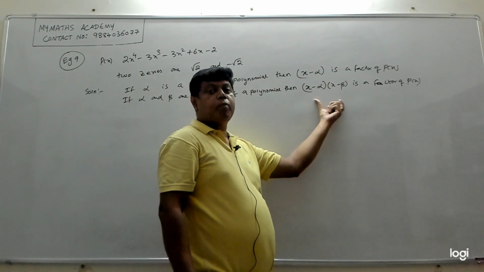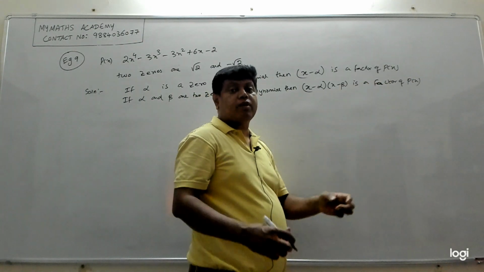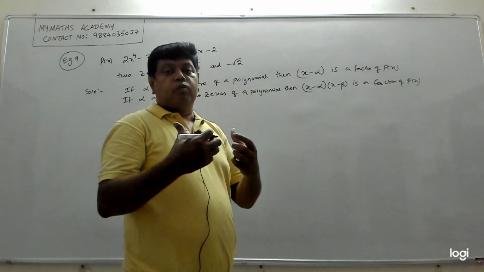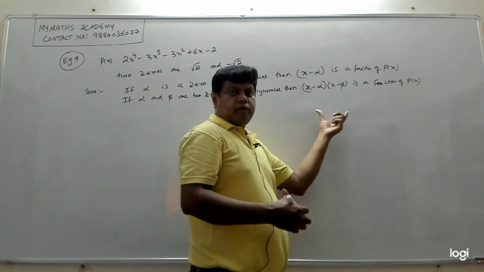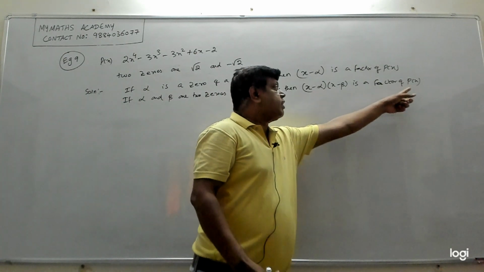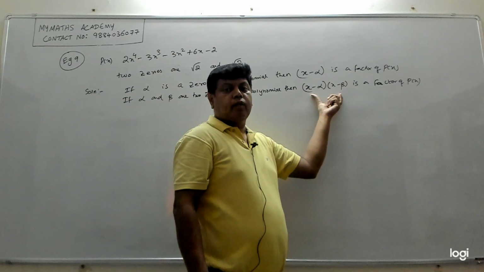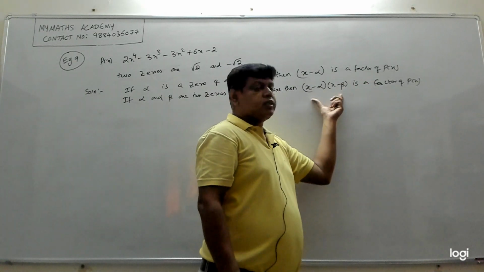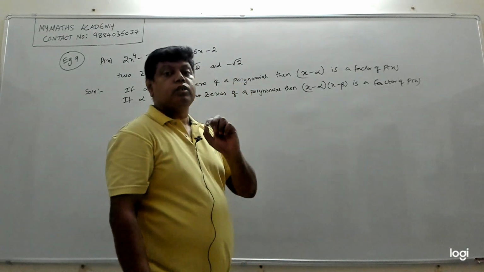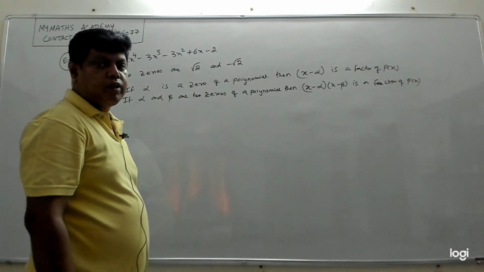That quadratic polynomial will exactly divide p of x. What is the meaning of exactly dividing p of x? When you do polynomial division and divide p of x by this polynomial, you will get the remainder as 0. That is the meaning of factor of the polynomial.